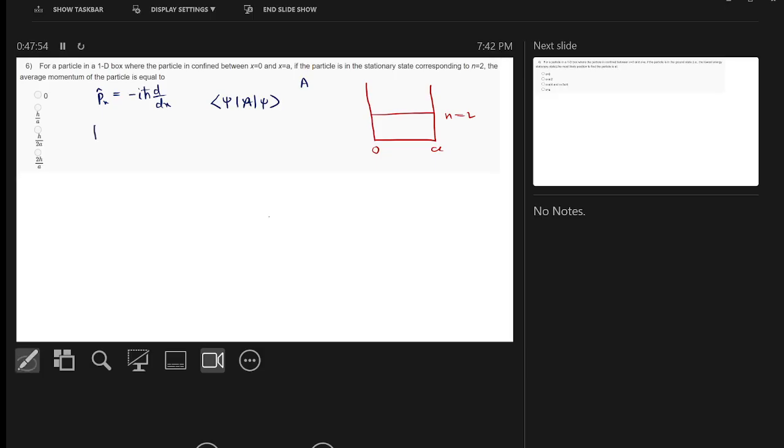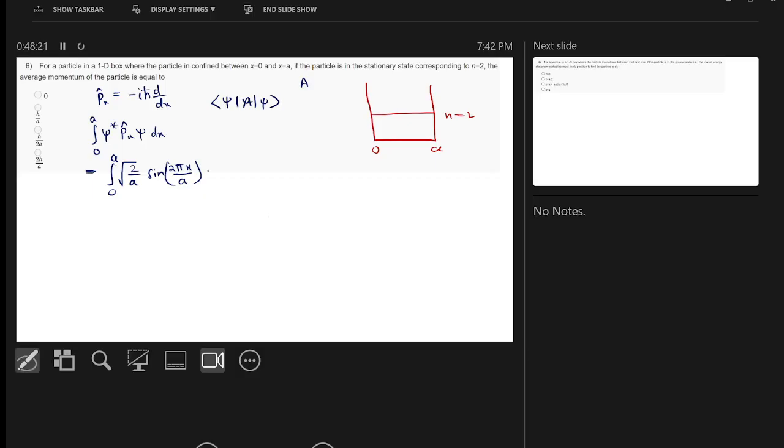So you can calculate it 0 to a psi star px psi dx. Okay, so we can write 0 to a, what is psi here? Root 2 by a sine 2 pi x by a.